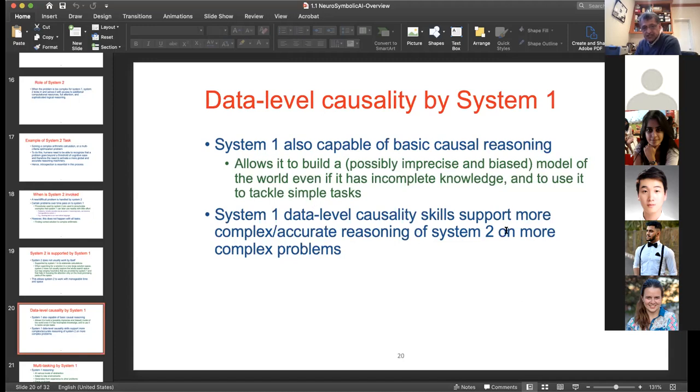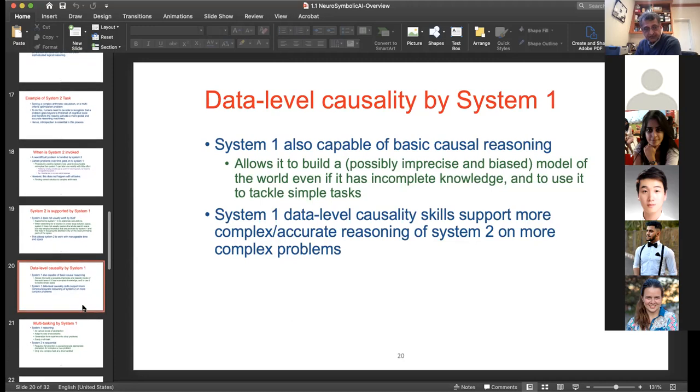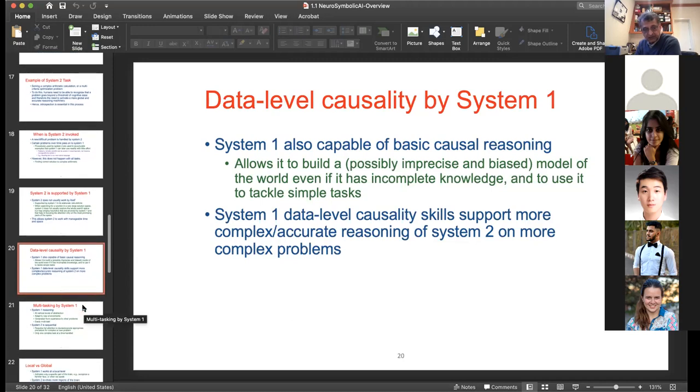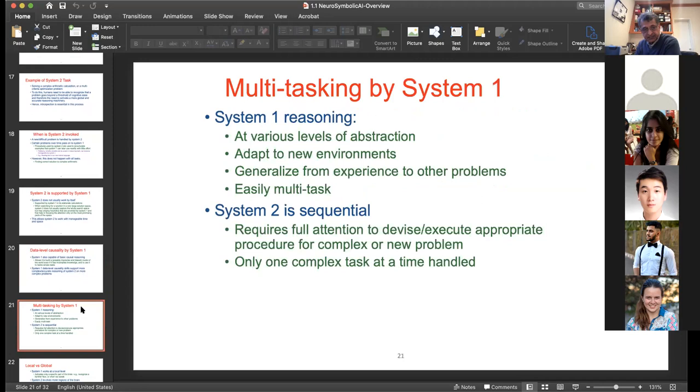System 1 data level causality skills support more complex, accurate reasoning of system 2 on more complex problems. So there is some level of causality in system 1, and that can also be worked with in system 2 on causality. Why, the why type of answer? Why did you give that answer?